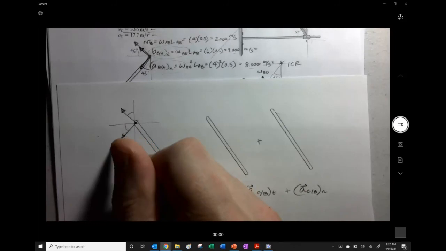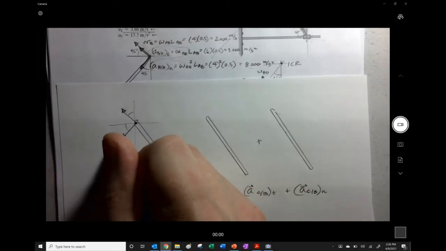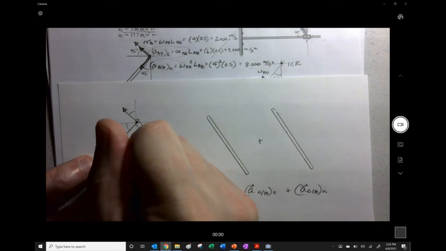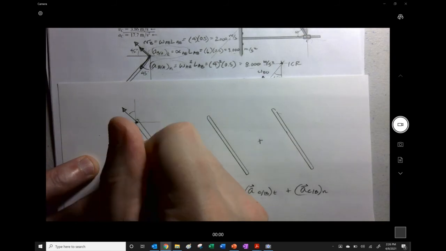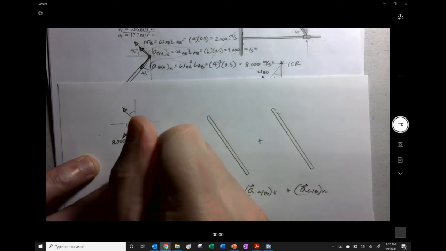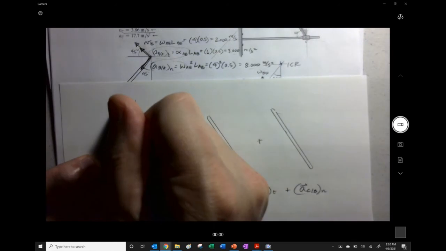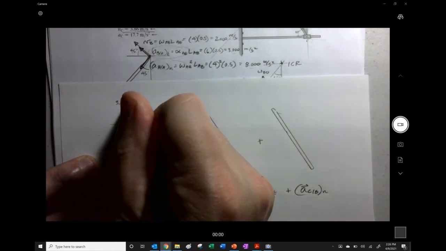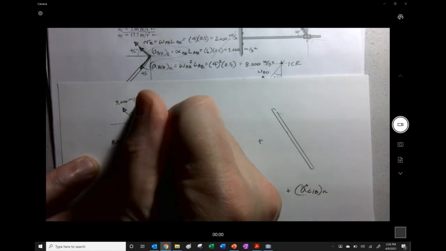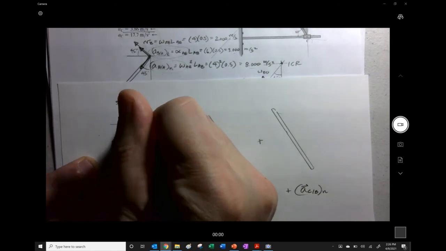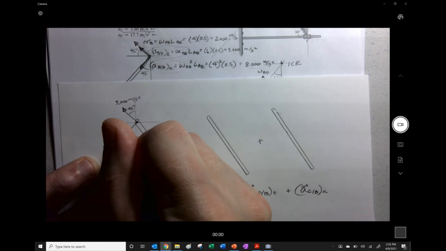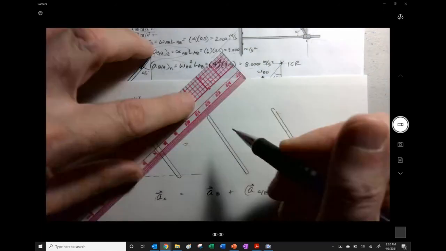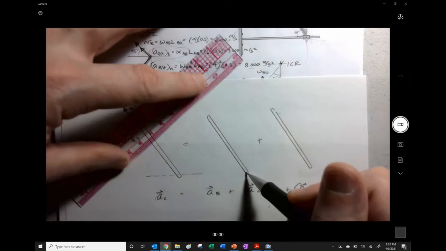Then I'm going to have 8 meters per second squared, and I have 3 meters per second squared, and these are 45 degrees. So I place them in both spots.